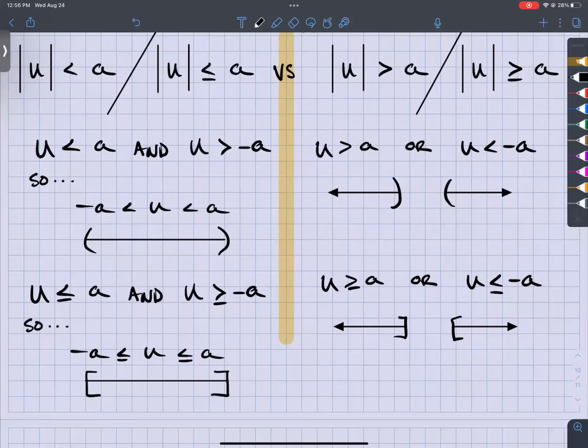Now, here's where my suggestion is going to be. My suggestion to you will be to work at it as two separate inequalities and graph them. If they do this, then you know what to do. If they do this, then you know what you need to do. Make sense?